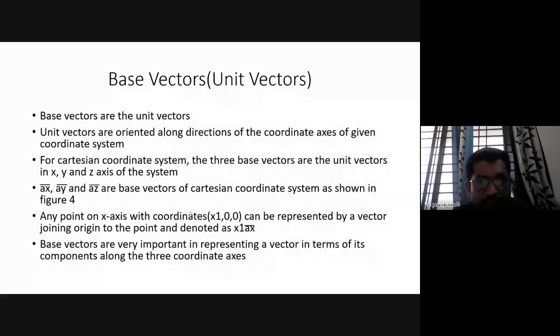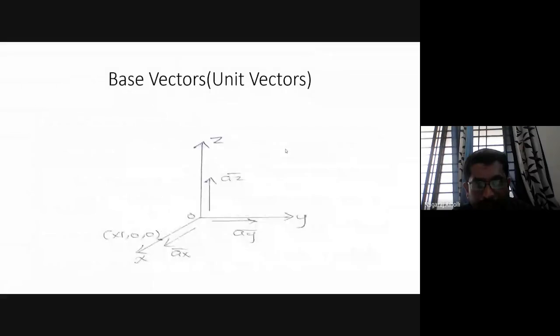So unit vectors are oriented along the directions of the coordinate axes of the given coordinate system that I have shown here in the figure. You can see here, towards the x-axis, it is unit vector ax bar. Towards the y-axis, the unit vector is ay bar, or the base vector ay bar. And towards the z-axis, the unit vector or the base vector is az bar.